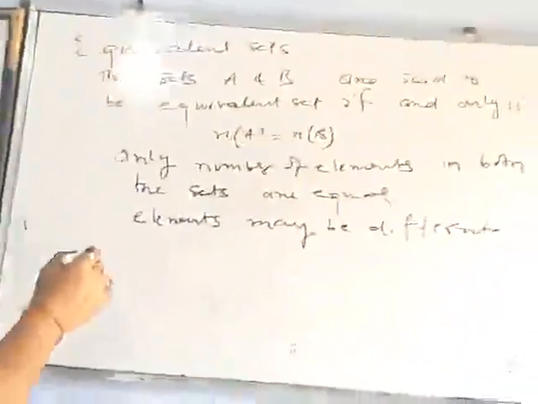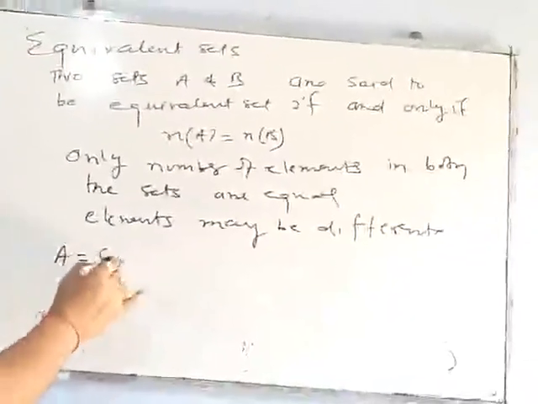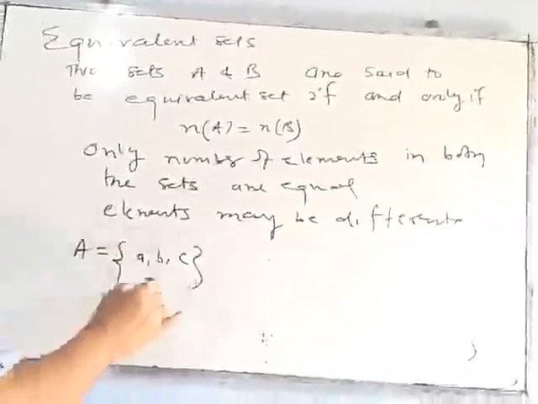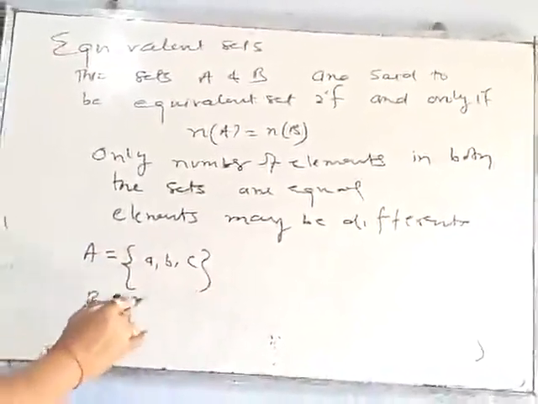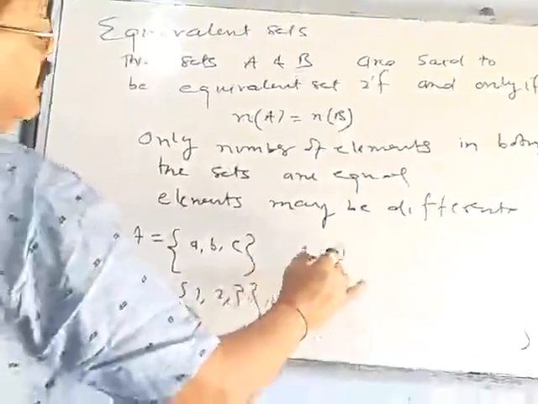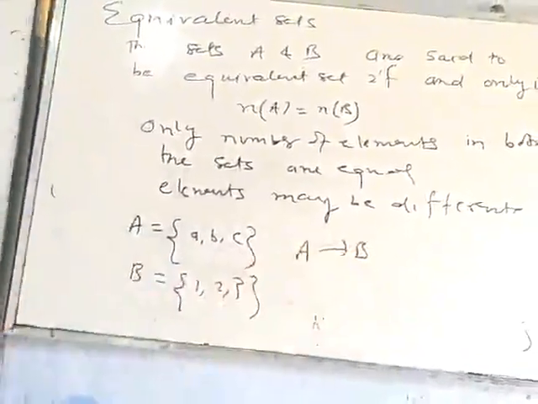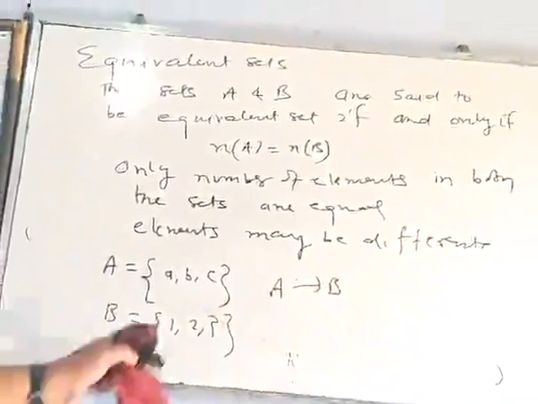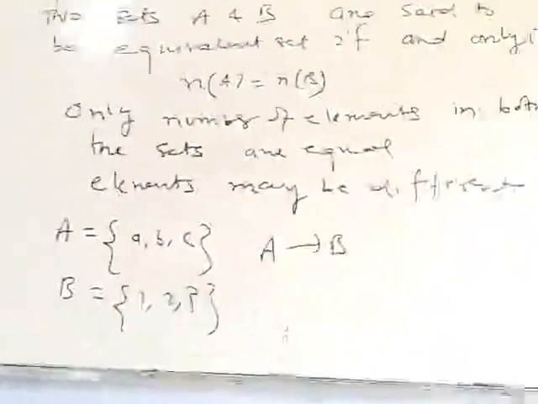As for example, if A has elements a, b, c and B has elements 1, 2, 3, so A is equivalent to B. They are equivalent sets. It has 3 elements, it has 3 elements. So these are called equivalent sets.